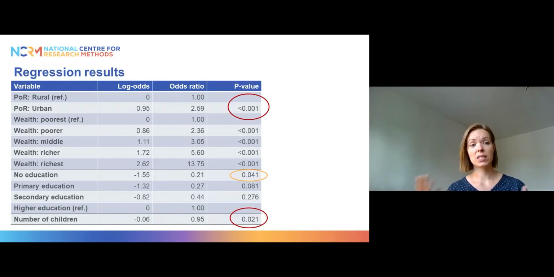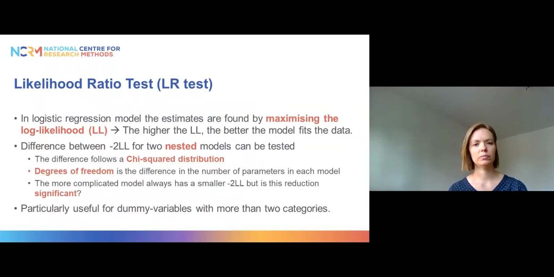So the only thing that we know so far is that no education is significantly different from higher education, but secondary education isn't significantly different from higher education, but we're not sure if education as a whole is important in our model. But we could use the likelihood ratio test to figure out whether education or wealth matters.